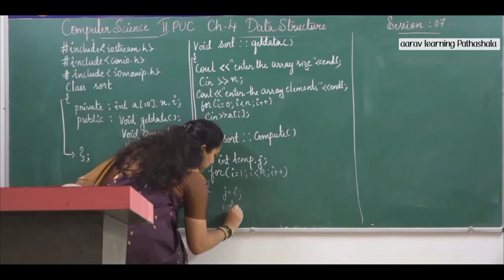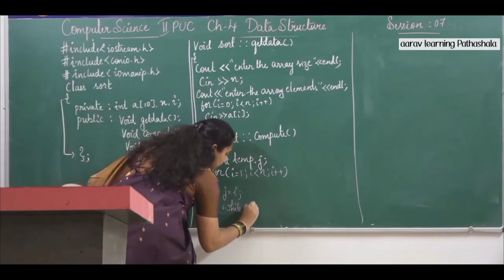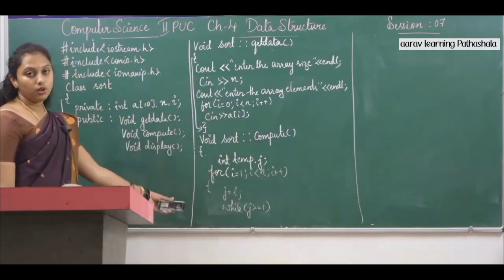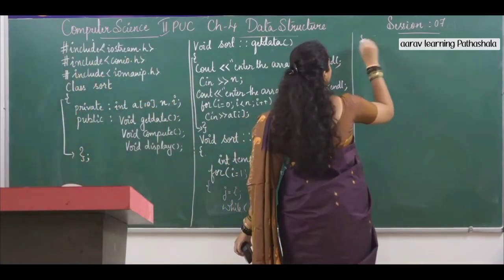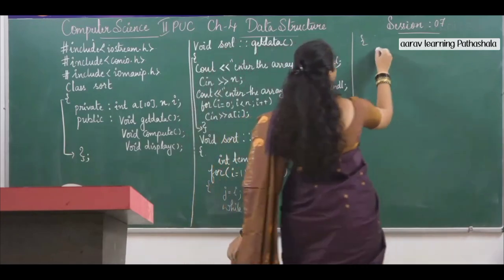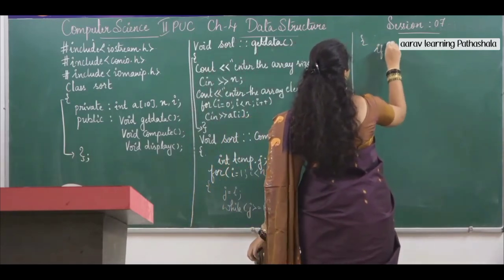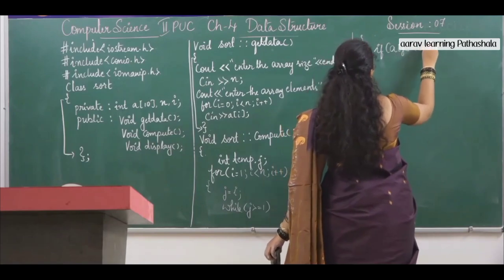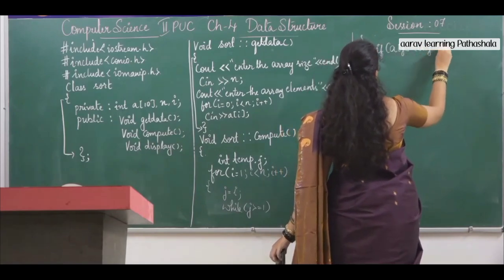I am checking the condition: while j is greater than or equal to 1 or not. If the condition is true, I am going to compare the array elements, that is, if a of j is less than a of j minus 1.